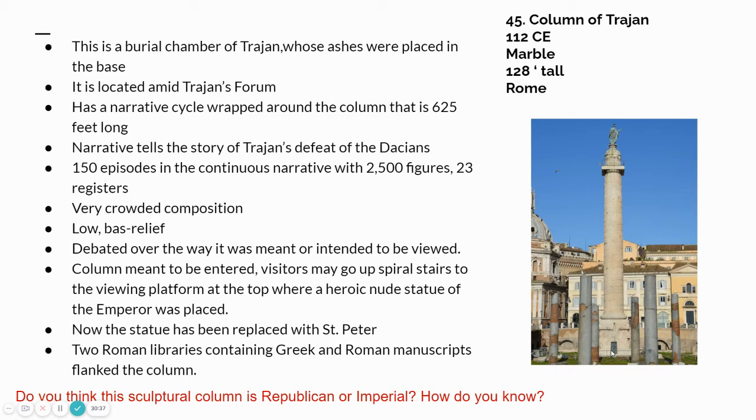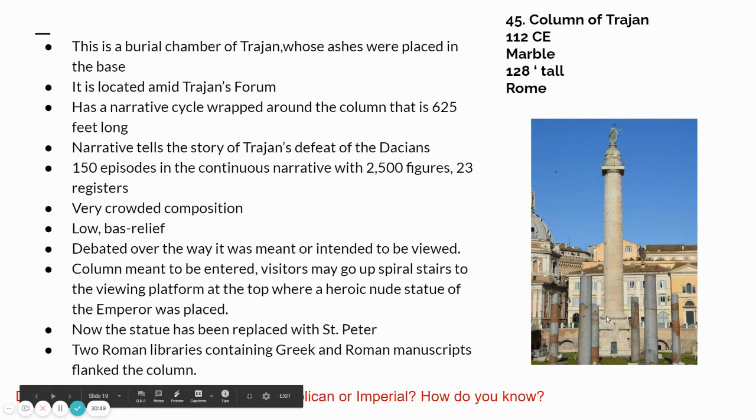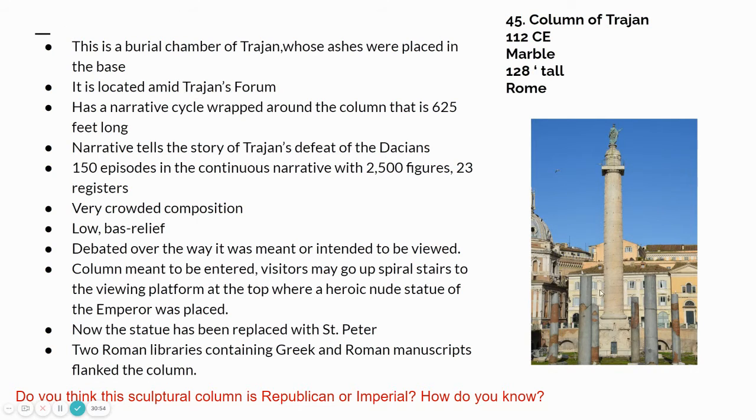So what we're looking at around the column is a narrative, and it's a narrative that is wrapped around the column. So I'm not sure if you can tell from this picture, but you can see the lines that spiral around the column from the bottom to the top of the Capitol. And those are the registers that we're looking at, and all those bas relief carvings are located within those registers.